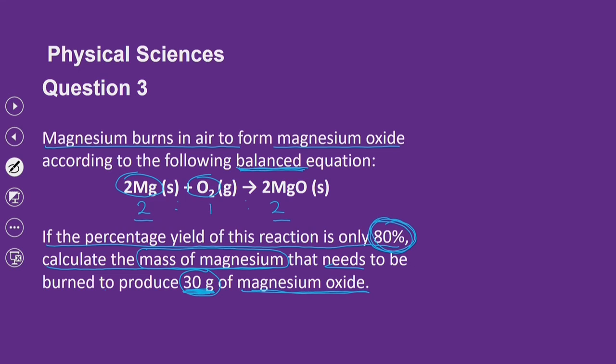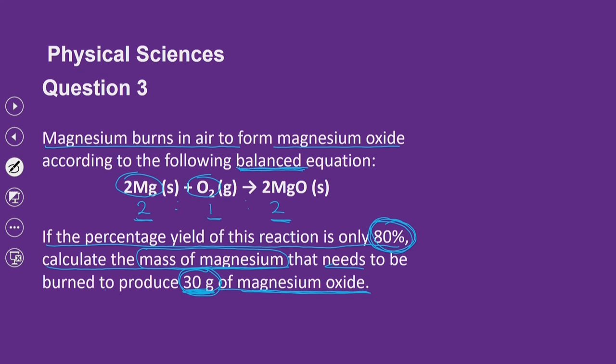Let's go and start. We've got the first thing covered at least. We've got the mole ratio. What are the compounds or elements that we are looking at? The question is referring to 30 grams of magnesium oxide, and it's asking what mass of magnesium.